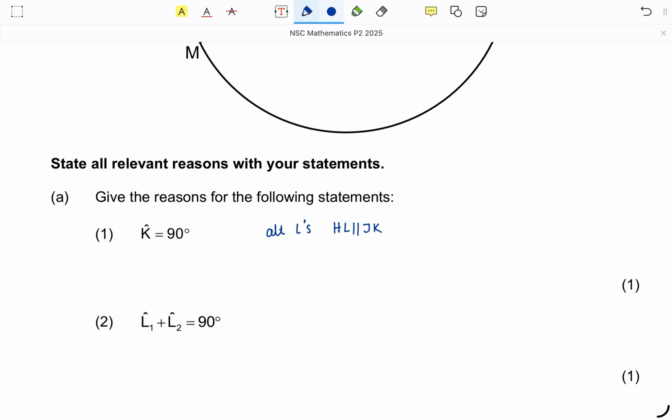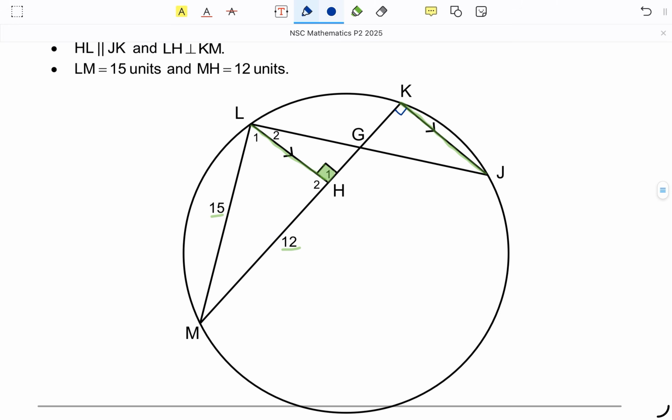The next one is we need to give a reason why L1 plus L2 is equal to 90 degrees. So if we look at the diagram, we now have two 90-degree angles that we can use, technically three.